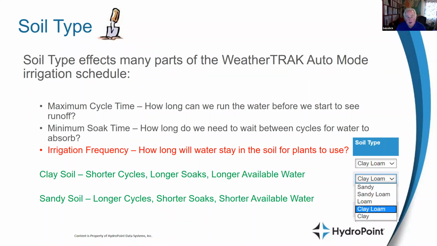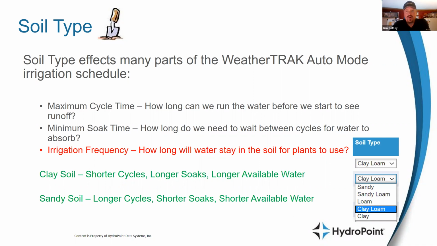The important takeaway here should be that you don't adjust the soil type to try to manage a frequency event. Leave the soil type reflective of what's really the condition in the field, and know that the WeatherTrack science will handle that. There are other ways to manage frequency by shortening MAD, but clay is clay. You don't want to change that just because you want a different irrigation outcome. Leave it, let the science work.